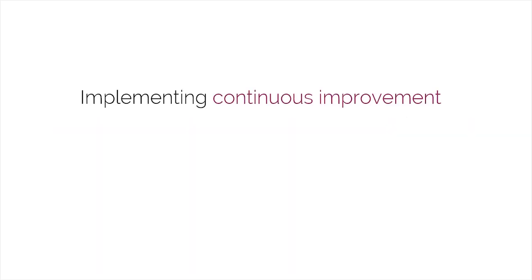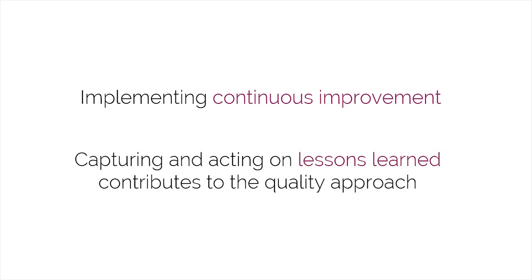The quality theme approaches quality by implementing continuous improvement during the project. For example, looking for ways to introduce increased efficiency or effectiveness into the management of the project processes. Capturing and acting on lessons learned contributes to the PRINCE2 quality approach.